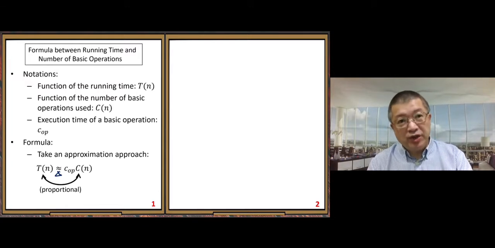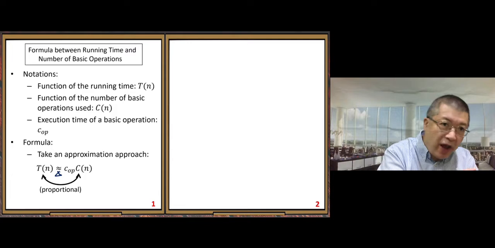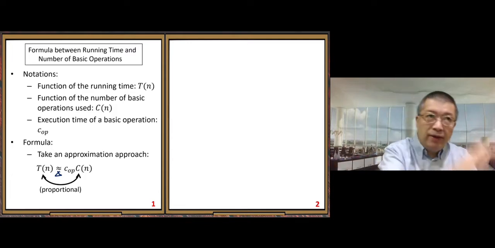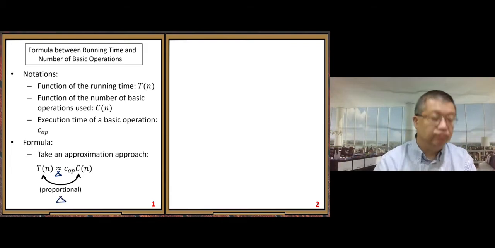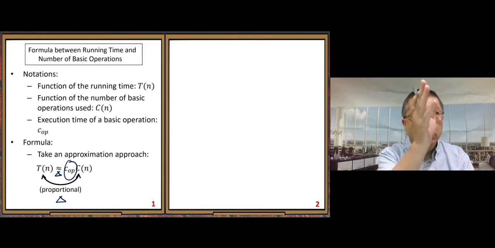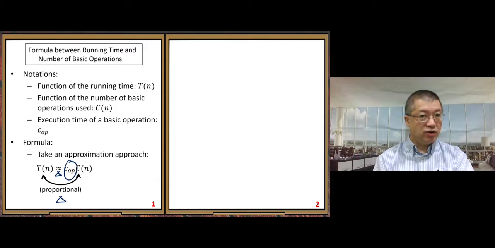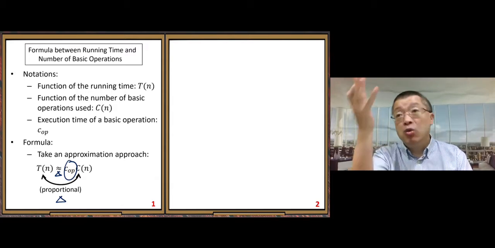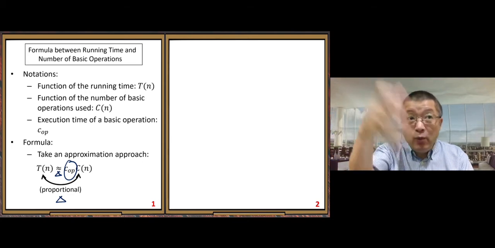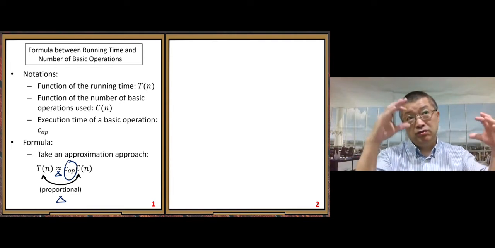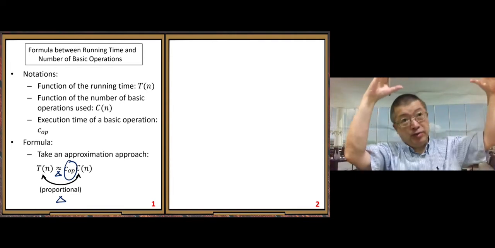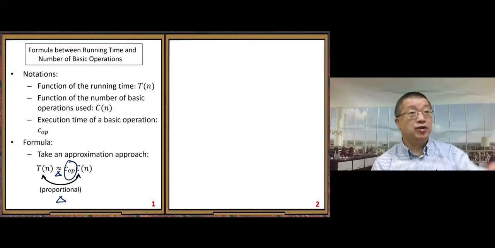Here, based on this expression, we can treat T of n and C of n, the relationship between these two functions, as proportional, because of this constant multiple factor. If they are proportional, then when we measure one, that indirectly measures the other one, right? This one bigger, that one also bigger. This one smaller, that one also smaller.